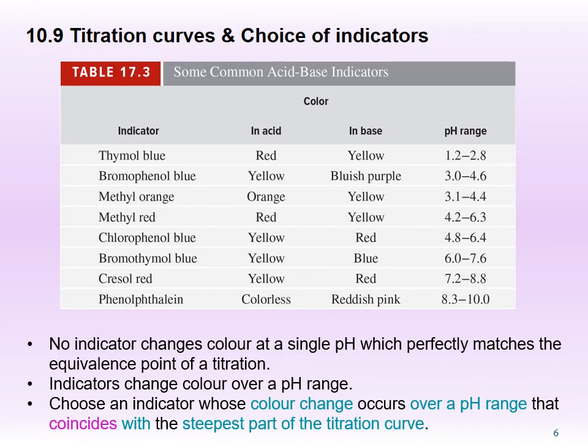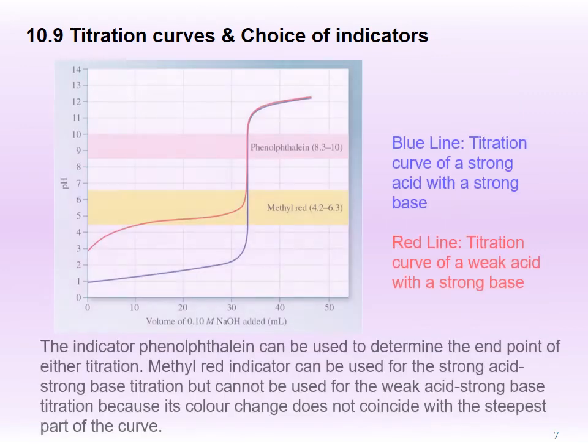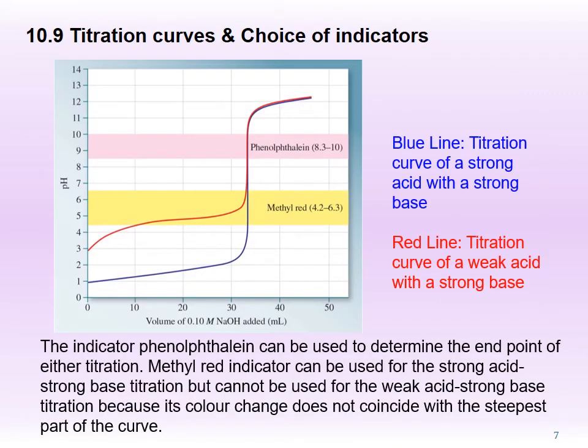of the titration curve. There are two titration curves shown here. The red curve represents a weak acid, strong base titration, while the blue curve represents a strong acid, strong base titration. The indicator phenolphthalein can be used to determine the endpoint of either titration since its change in color coincides with the steepest part of each curve.